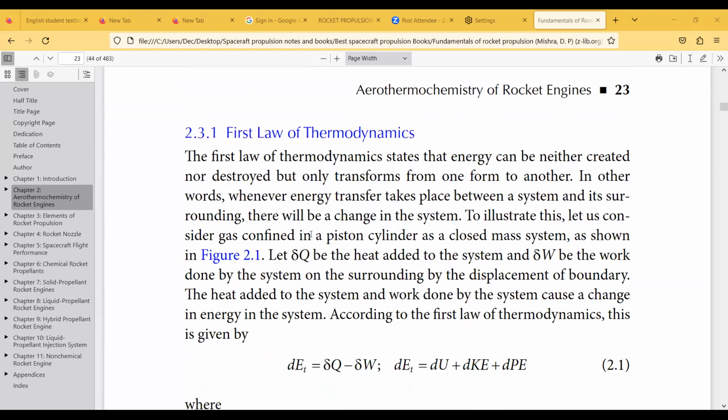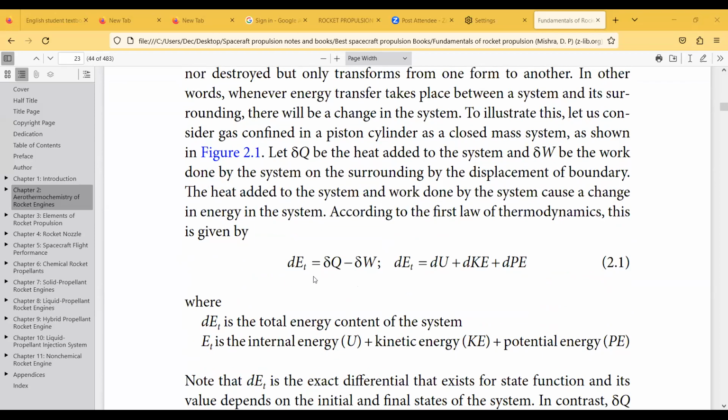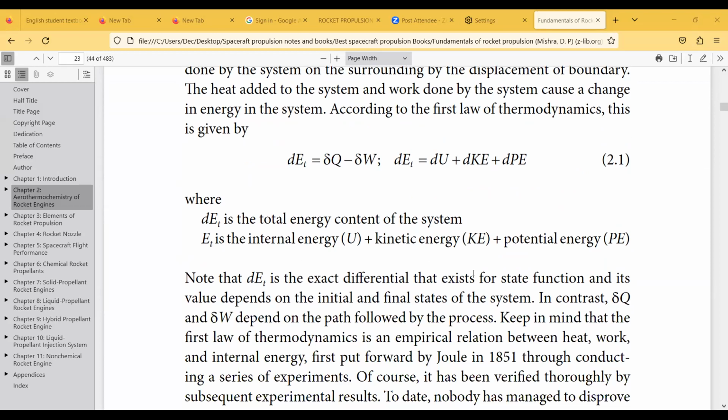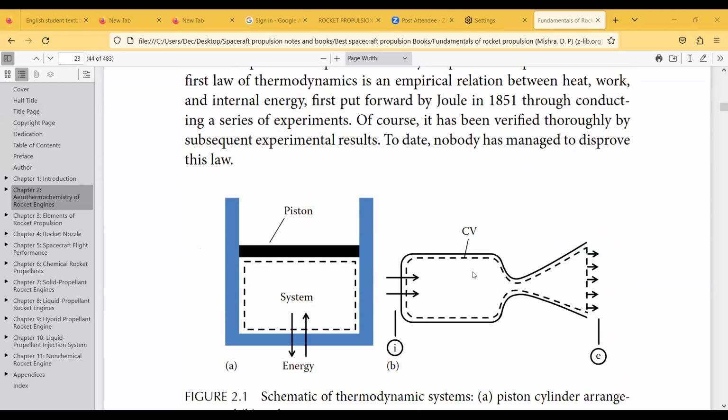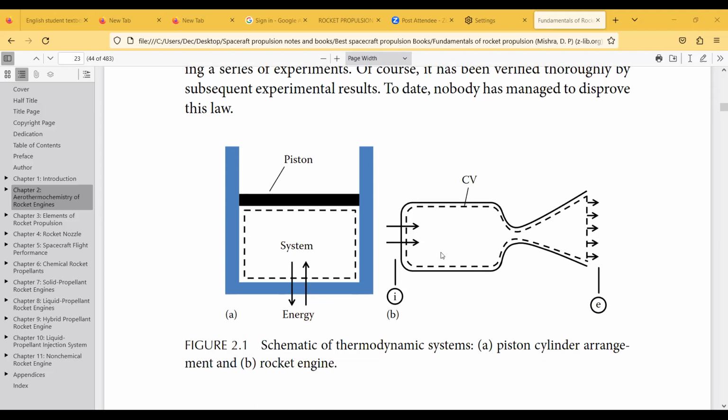What we have discussed is the first law of thermodynamics: dE is equal to delta Q minus delta external work, which is expressed in terms of work done, potential energy and kinetic energy combination, dW. In this manner we can express. This is the best way to express the schematic of a thermodynamic system for the piston cylinder arrangement, but we can consider the B part.